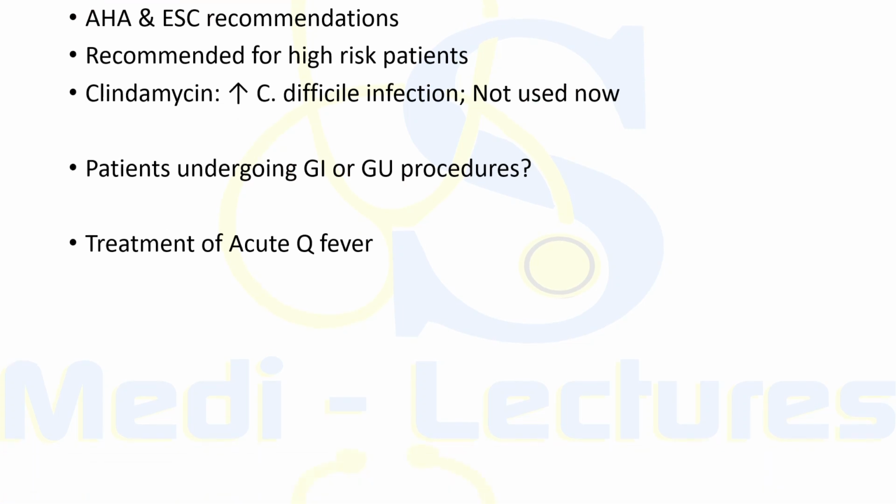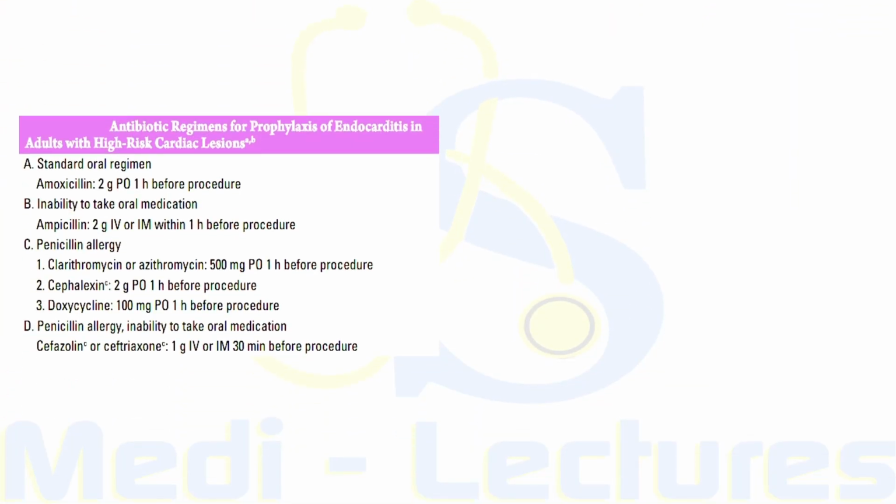Now, what all antibiotic regimens can be used for prophylaxis in adults with high risk cardiac lesions? We'll also discuss what are the high risk cardiac lesions. So, what is the standard oral regimen? Amoxicillin given 2 gram per orally 1 hour before any procedure. If the patient is unable to take orally, we can give ampicillin 2 gram intravenous or IM within 1 hour of the procedure. If the patient has penicillin allergy, we have three alternatives.